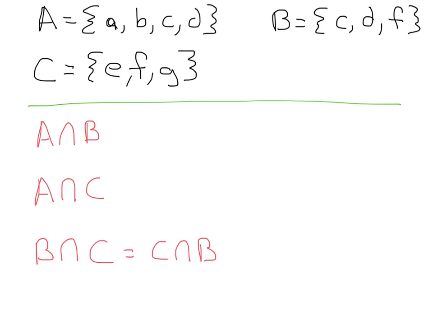So if an element is in B and C, well then it's also in C and B. So if it's in both C and B, then it's in both B and C, right? So the order does not matter which way you put this. So if you say in the first one, B intersect A, that's the same thing. So push pause and try to find the intersections of these sets.